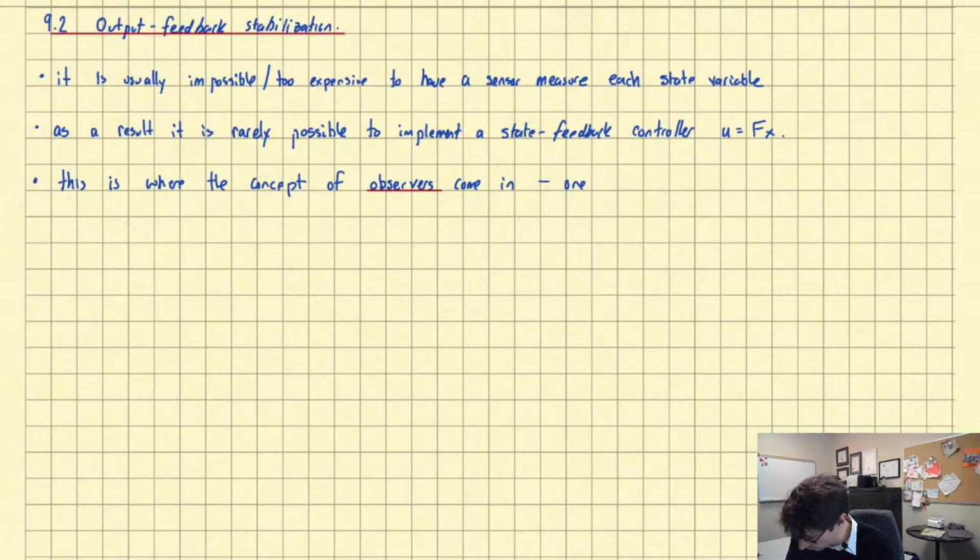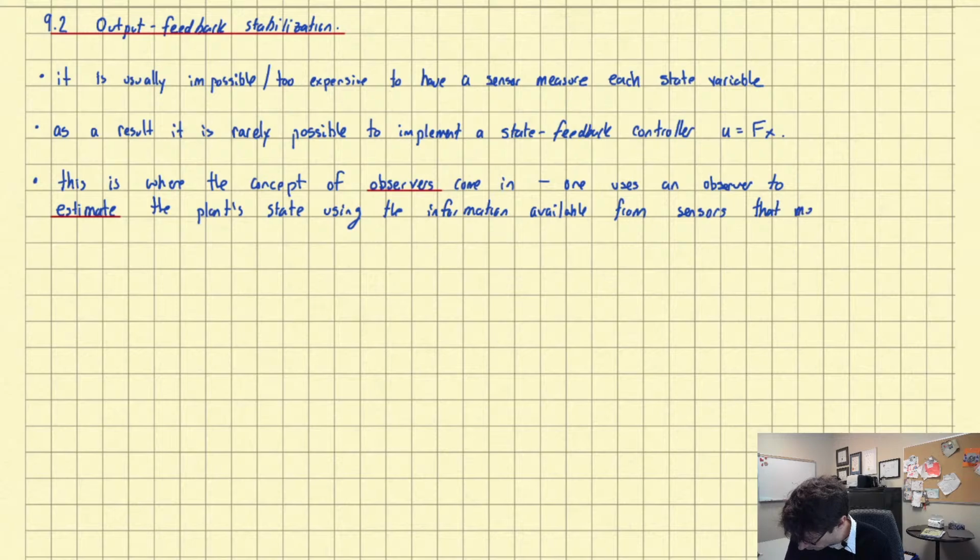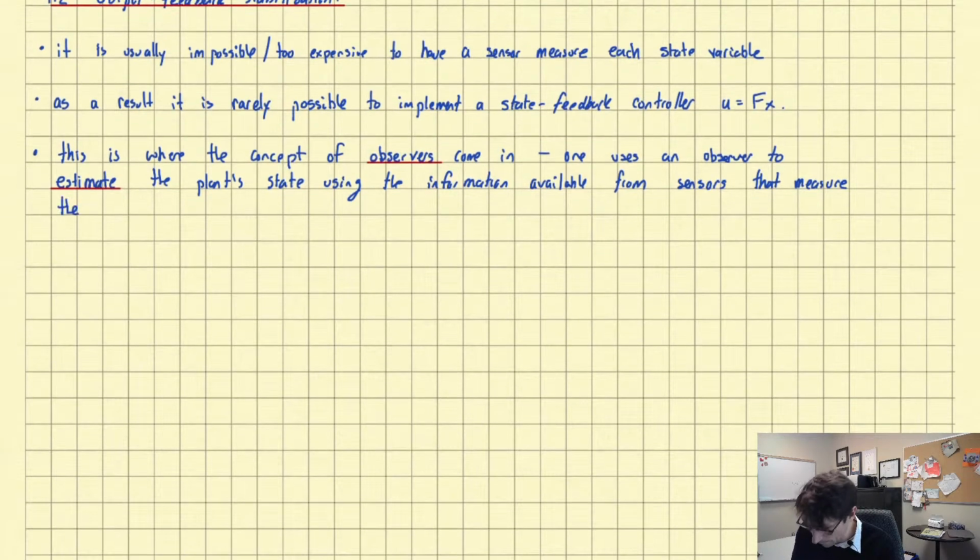And the idea here is that one uses an observer to estimate the plant's state using the information available from sensors that measure the actual output of the plant.